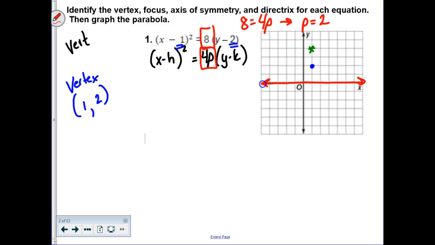Now I'm going to confirm all of those locations with my formulas. Starting with the focus. The focus formula for a vertical parabola, which I'm pulling straight off the formula sheet, is h comma k plus p.